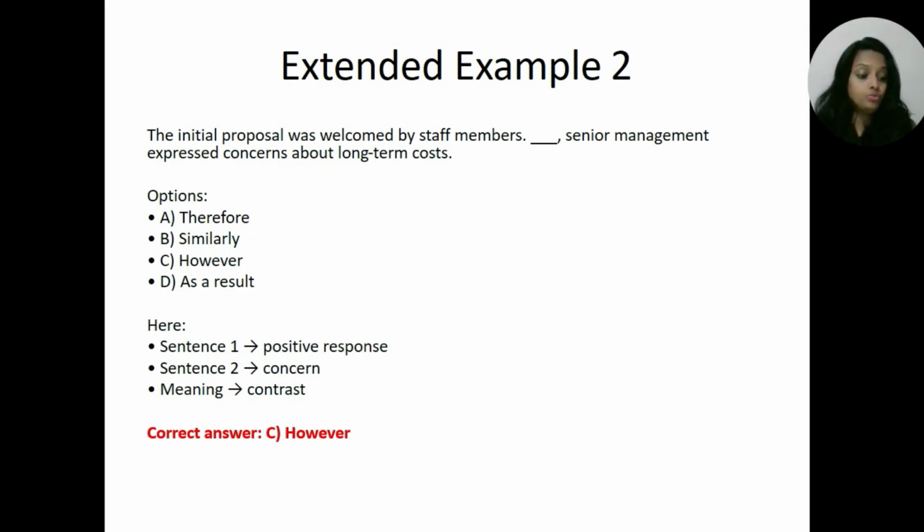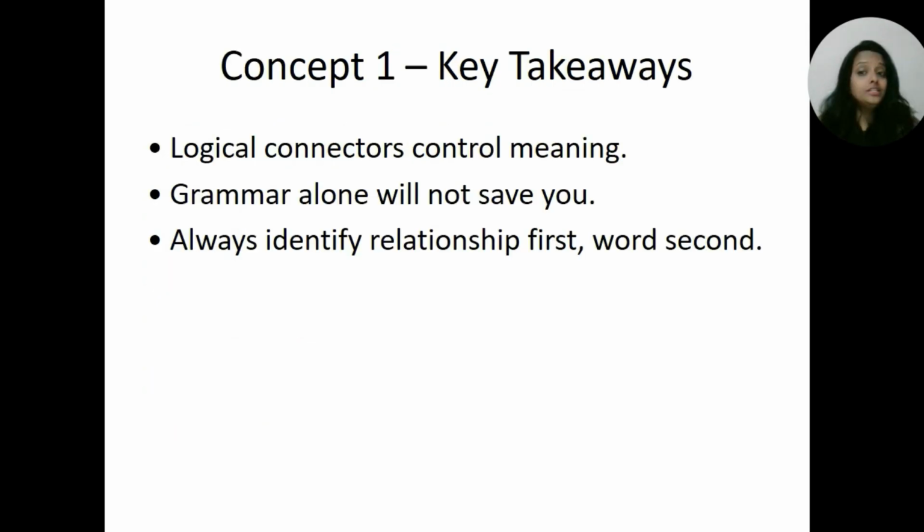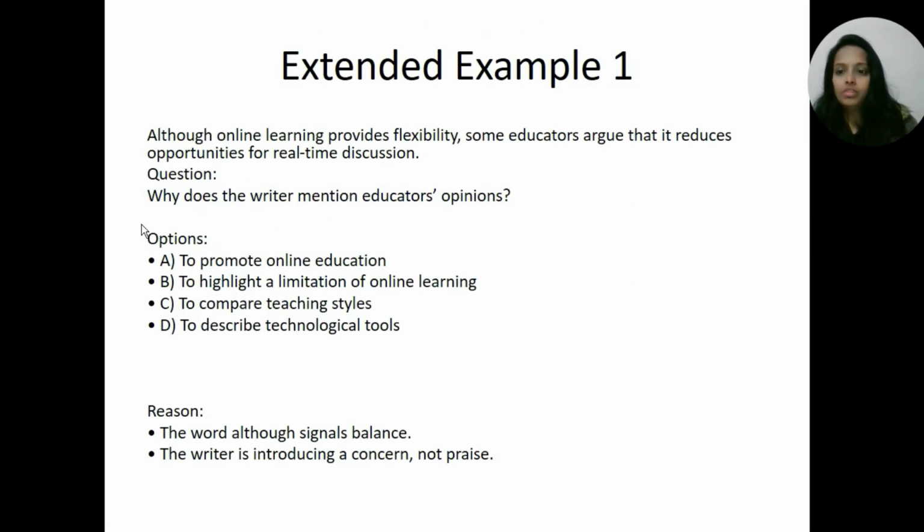Let me move on to the second concept, understanding the writer's intention, not just the meaning. PTE Core often asks questions where multiple answers are factually correct, but only one matches why the writer included the sentence. Got it? So here is an example. Although online learning provides flexibility, some educators argue that it reduces opportunities for real-time discussion.